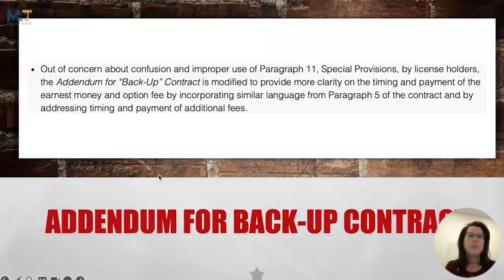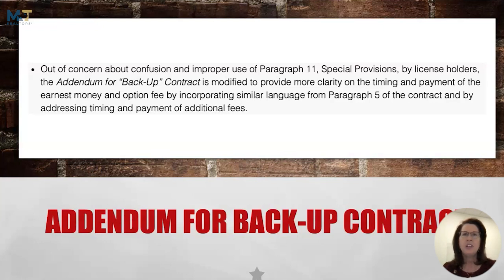All right, so due to some concerns and confusions regarding our addendum for backup offer and the improper use of paragraph 11 for special provisions by license holders, this addendum for backup offers, backup contract, has been modified to provide more clarity on the timing and payment of the earnest money and the option fee, by incorporating similar language from paragraph 5 of the contract and by addressing timing and payment of additional fees.